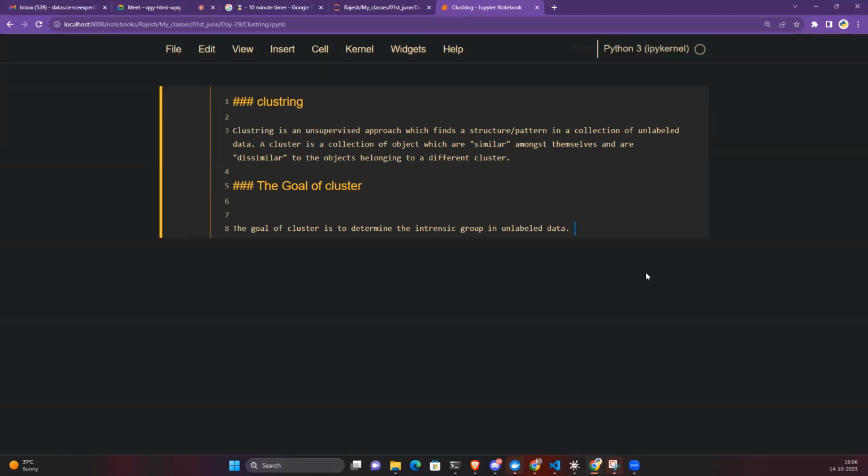Let's suppose I have to categorize male and female, and the properties of these two classes are quite different, then I can say this is a very good cluster. But if you create clusters with objects that are quite similar between the clusters, then I can say this clustering technique is not good. So the goal of clustering is that the difference between the object characteristics of different clusters should be high. And what are the different applications where we can use clustering techniques?